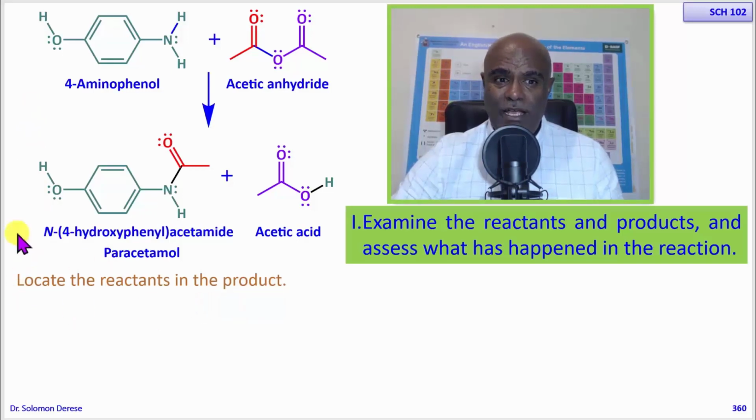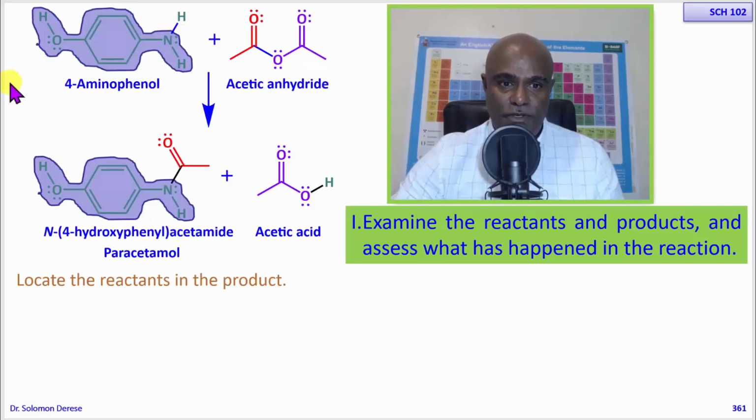So what I did, as I told you, is this part of the product is from this. So I traced it. This one is basically this. I want you to take your time and trace the reactants in the product. So this one is from here, from the 4-aminophenol. And then the other part of the product, this one, as you can see, is from here.